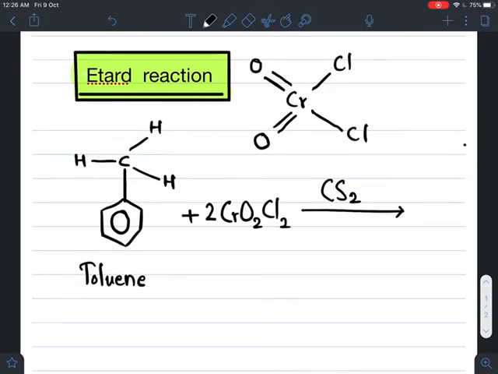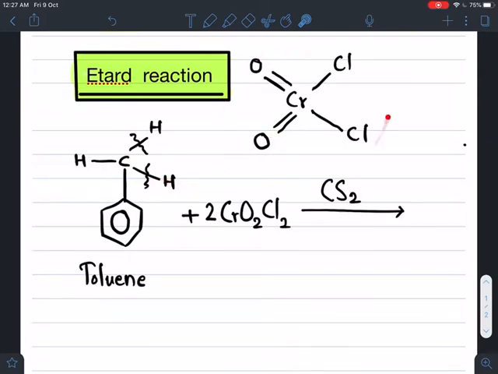Now what happens when the reaction takes place? The bond breaks between carbon and hydrogen. Now when it comes in contact with chromyl chloride, the bond between carbon and oxygen is formed from this chromium, and this hydrogen is shifted onto this oxygen.